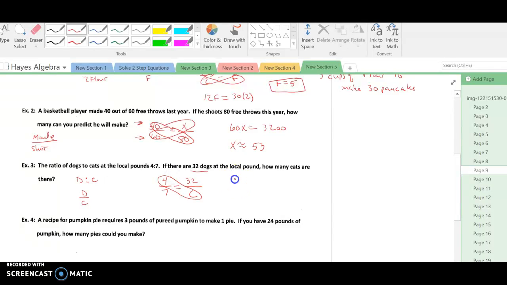Now I can solve this proportion. 4C equals 32 times 7 is 224. Now, when I divide by 4, the number of cats would be equal to 56.